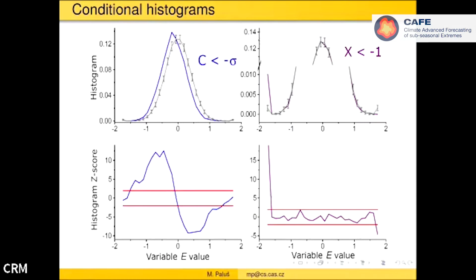This is the blue one, while the gray is the histogram from surrogate data, and here we can see the z-score. There is a significant shift to the left, but the tails probably have the same probability. Here we can see the results for X. Here the effect is only on the tails.